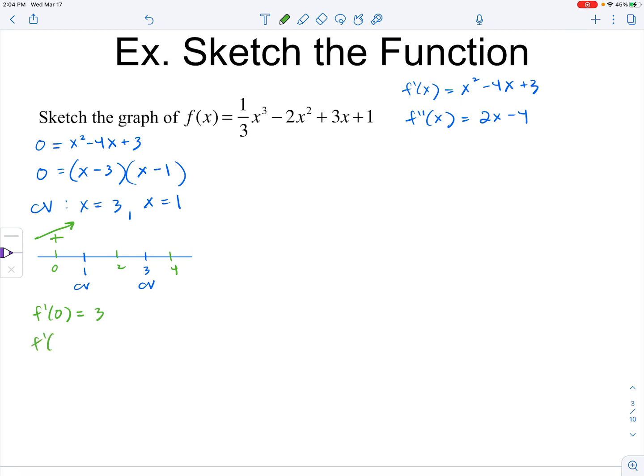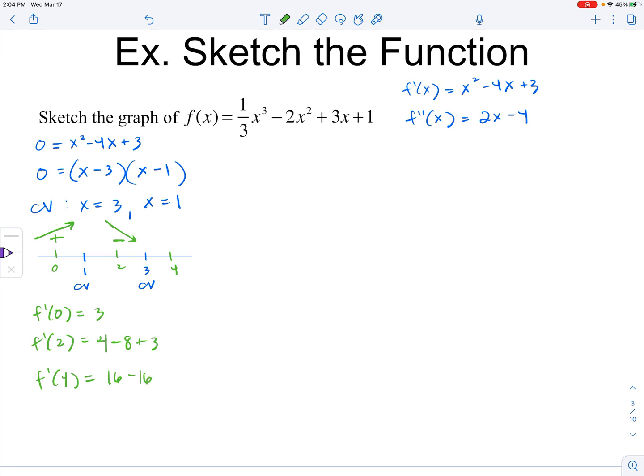So f prime of 0 would be positive 3, therefore the function would be increasing from negative infinity to 1. f prime of 2 would be 4 minus 8 plus 3, so negative, meaning decreasing from 1 to 3.